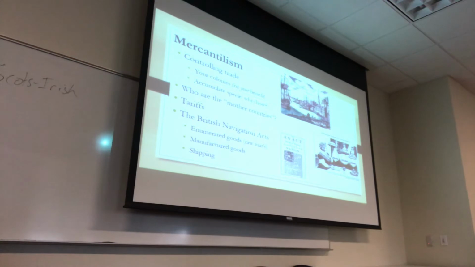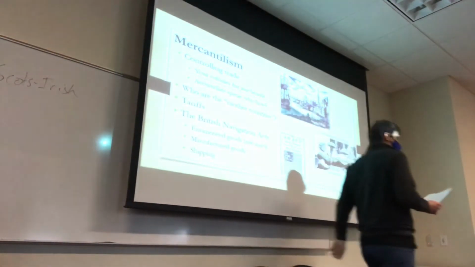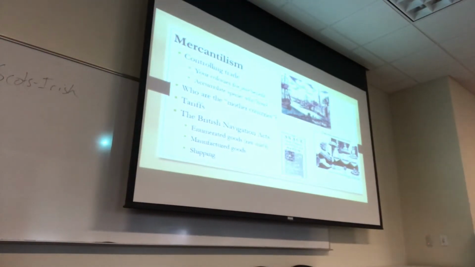But first, let's define mercantilism. It's all about controlling trade, creating a closed system of trade, if you will. But it is an economic system at its core that predates capitalism.